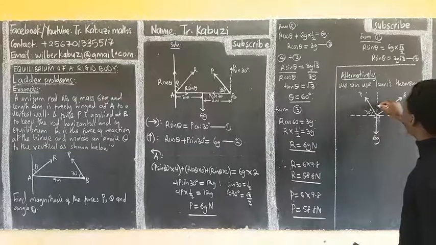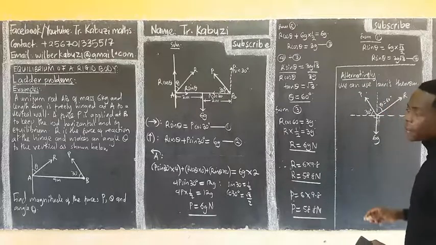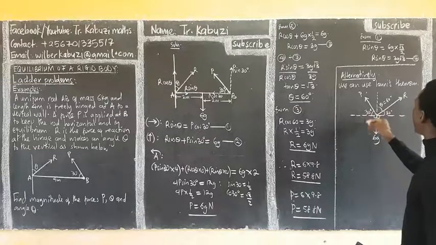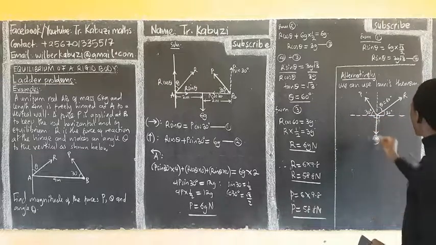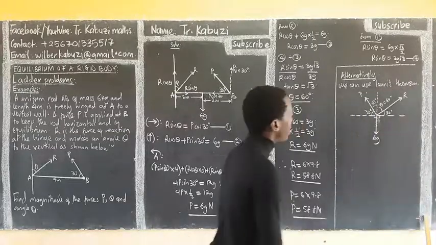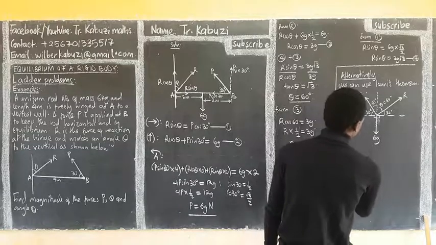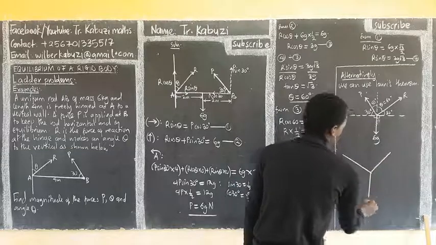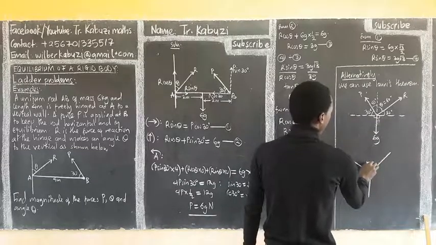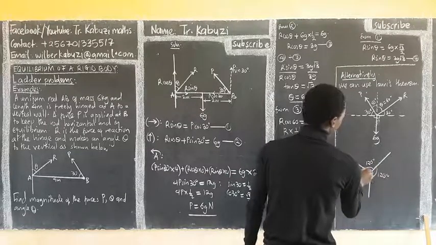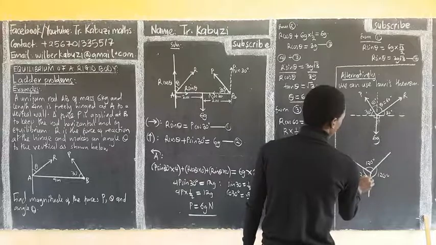And because our theta here, we've got it as 60 degrees, you can see that this one is going to be 30 degrees, and this will be 60 degrees. As simple as that. So now you can see that we can formulate one force triangle. This is going to be 120, this is going to be 120, this is going to be 120.